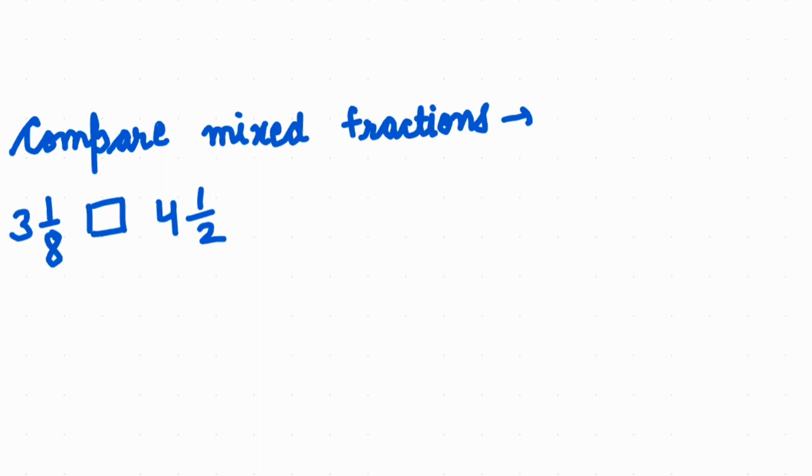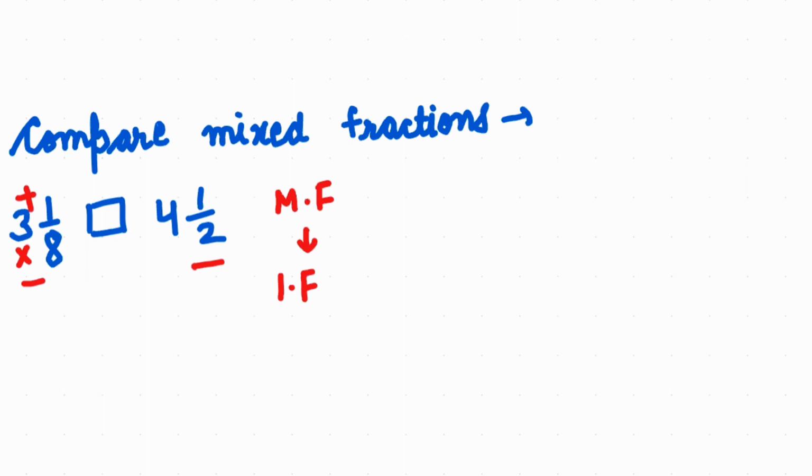Now we will compare the mixed fractions. This is a mixed fraction. This is another mixed fraction. What is the first step? We will convert the mixed fraction into an improper fraction. So we multiply 8 and 3 and add the numerator. 8 3s are 24, 24 plus 1, 25.